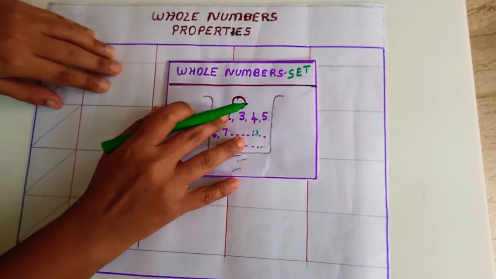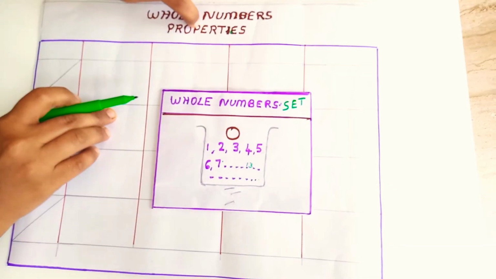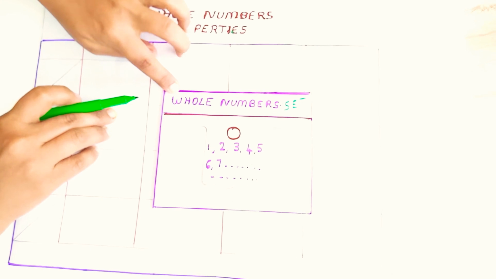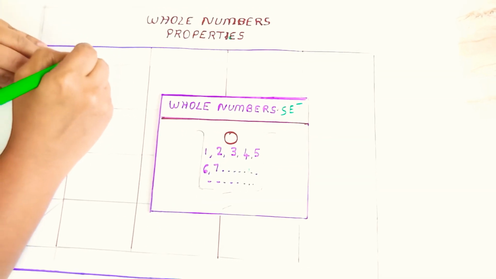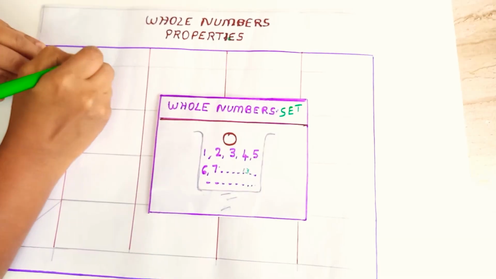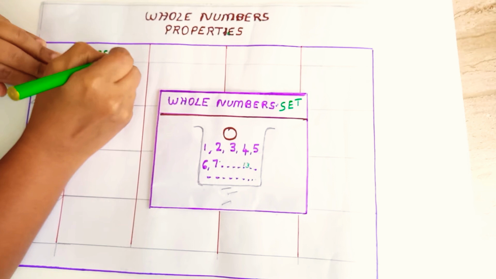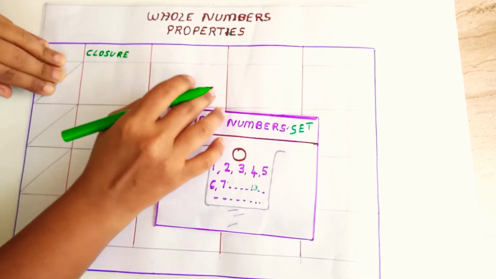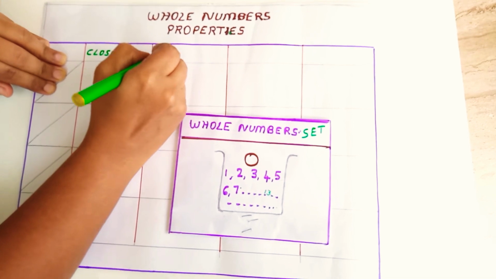In this class, we are going to discuss the properties of whole numbers. First property is closure property. Next property is commutative property.